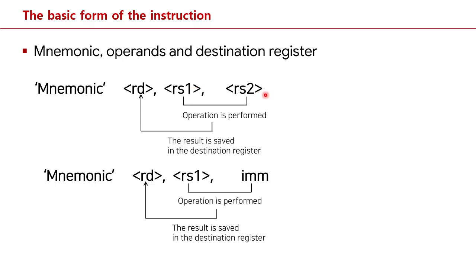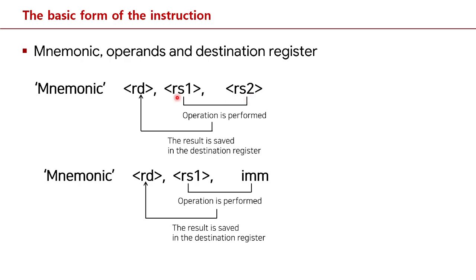RS1 and RS2 are registers. The first one is called the source register, and the second one is called the second source register. In general CPU architecture, the first can be called the first operand, and the second is called the second operand.